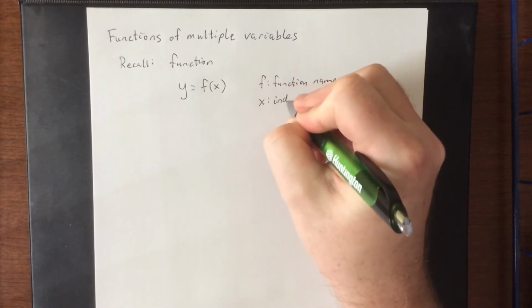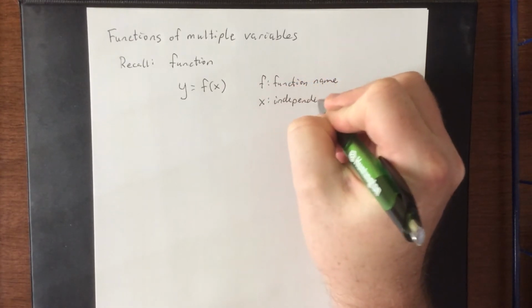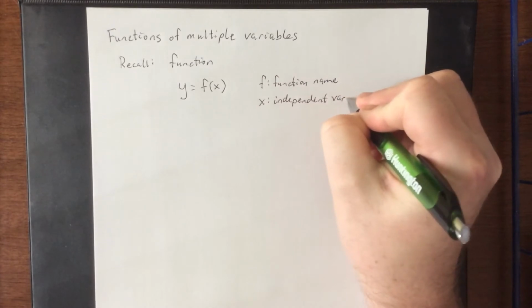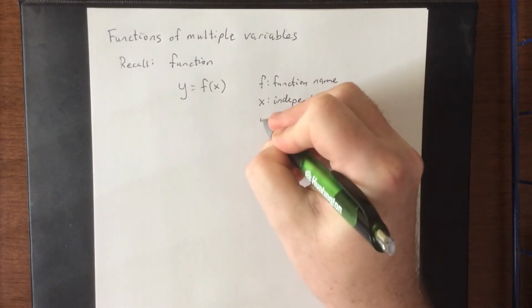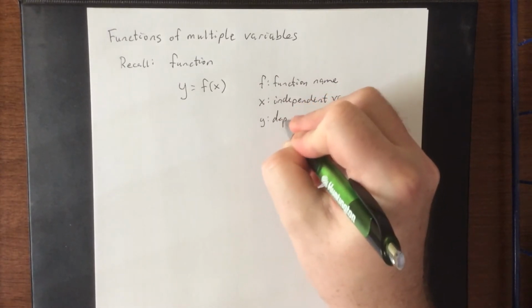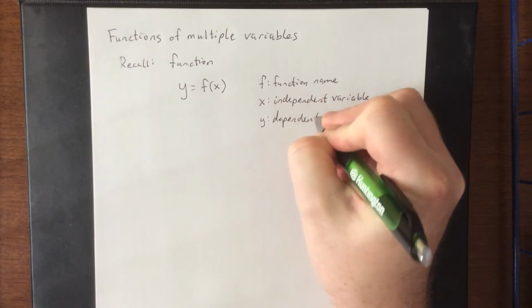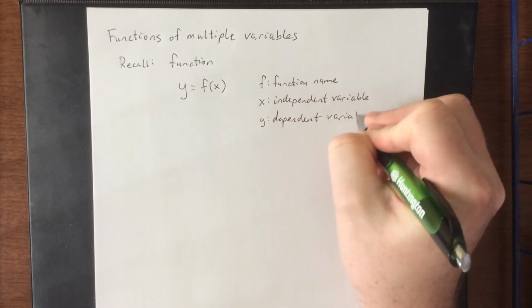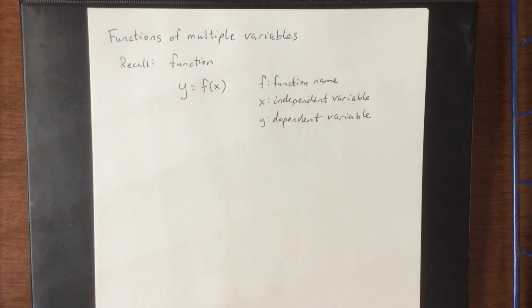X was referred to as the independent variable. And y was referred to as the dependent variable. We would always say that the value of y depends on the value of x. That's what makes it the dependent variable.